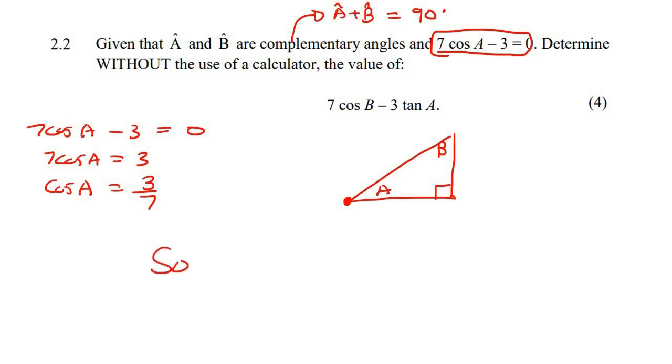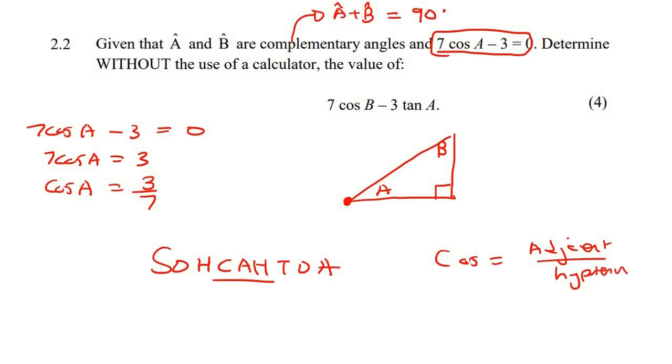Now, remember from SOHCAHTOA, we know that cos is adjacent over hypotenuse. But here they're saying cos A, so we go to angle A. That means this is the adjacent side, this is the hypotenuse, and this is the opposite.